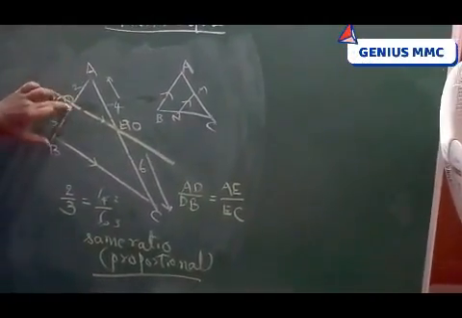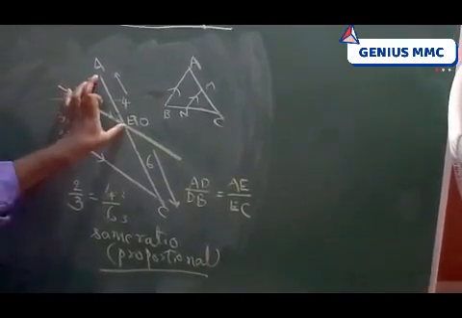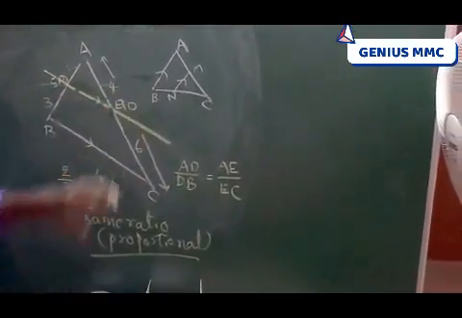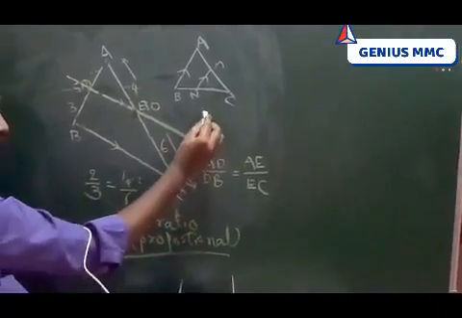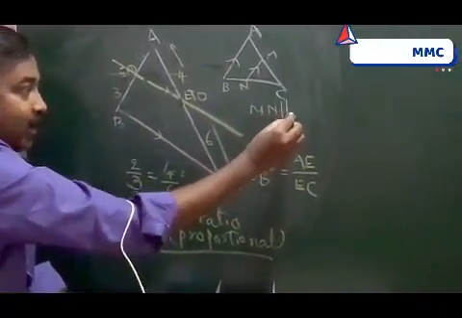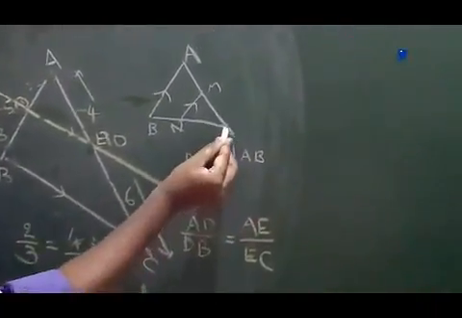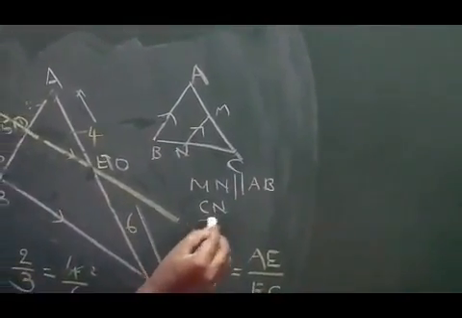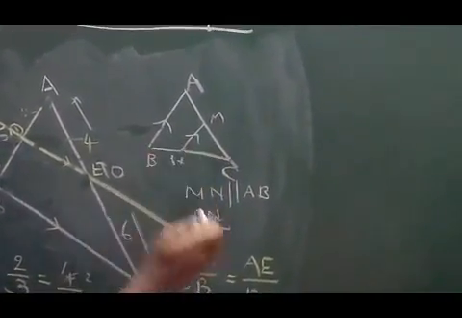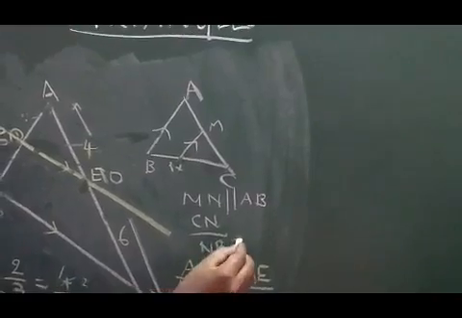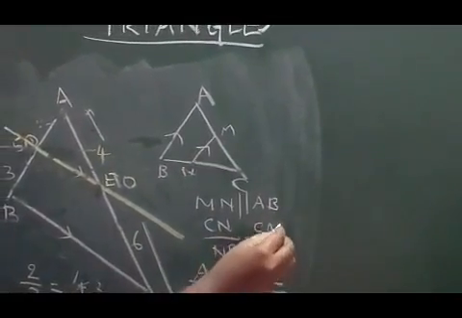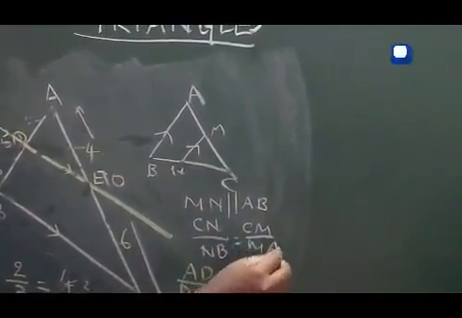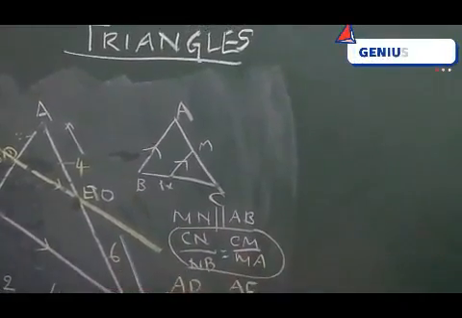AD by DB is equal to AE by EC. Here, what should we write? First write down the parallel lines. MN parallel to AB. Then CN by NB is equal to the remaining side CM by MA. And what happens? The sides are proportional.